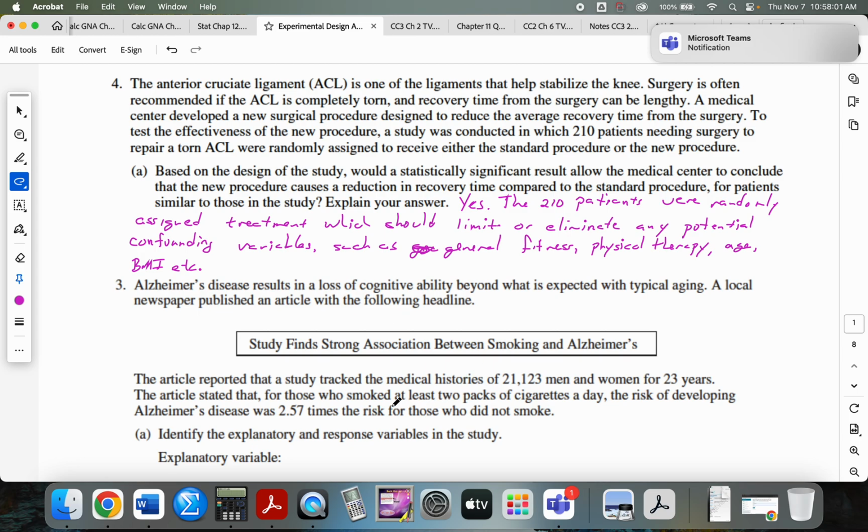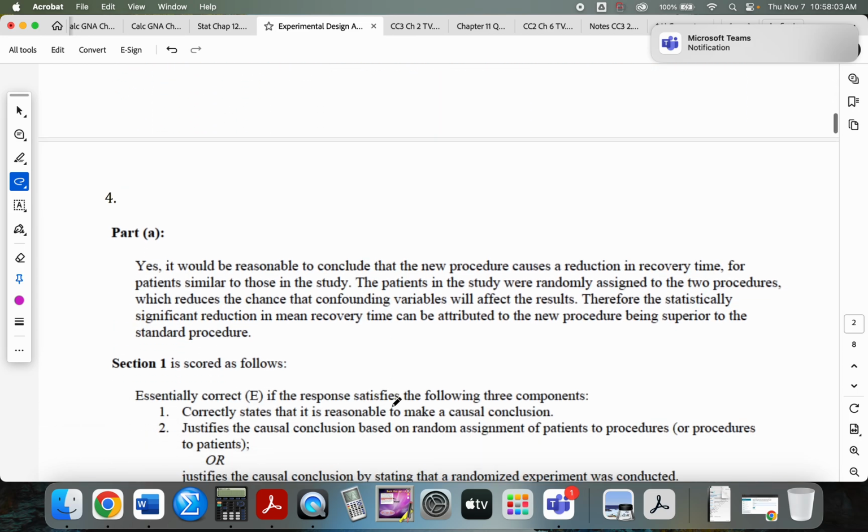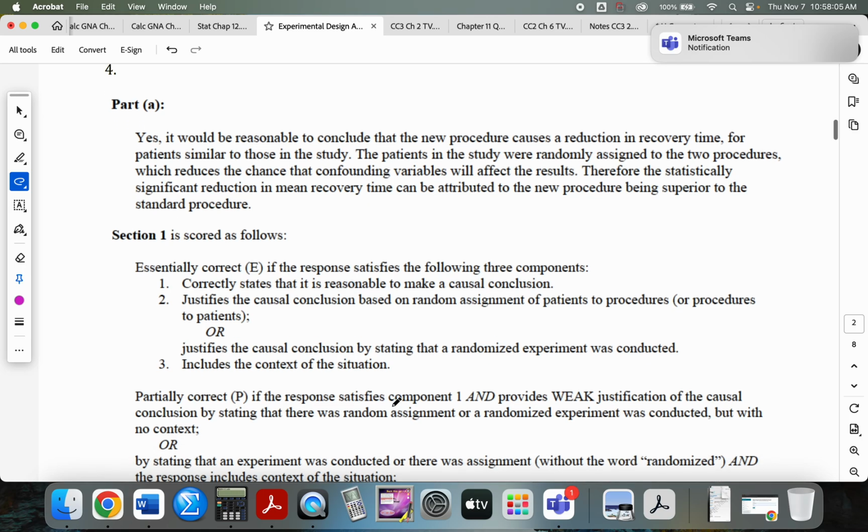All right, so let's look at, on page 2, what they said. Oh, that's it? They said, yes, it would be reasonable to conclude that the new procedure causes a reduction in recovery time for patients similar to those in the study. Although they parroted what they said, it was a yes or no question.